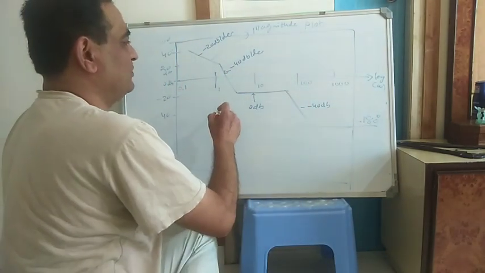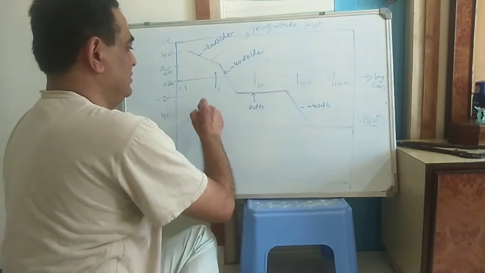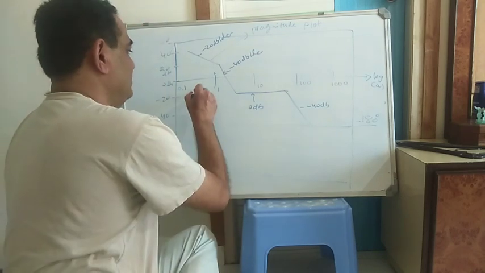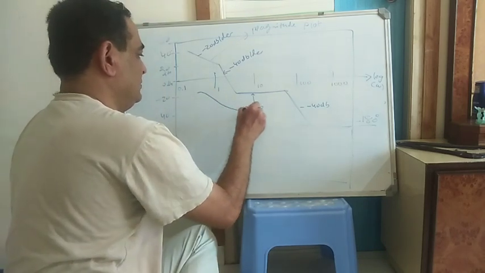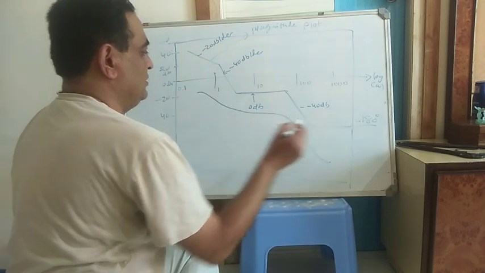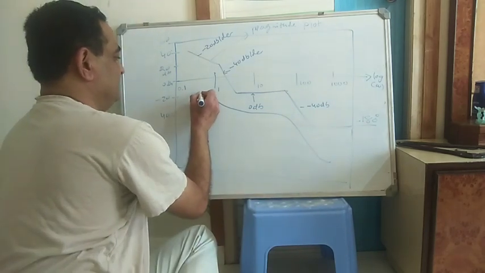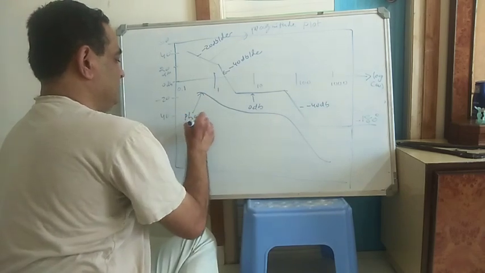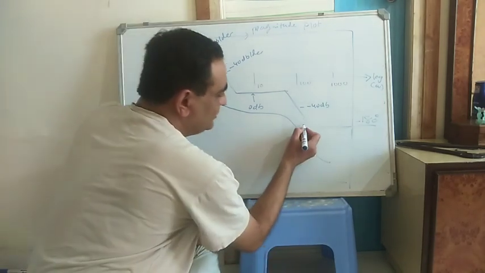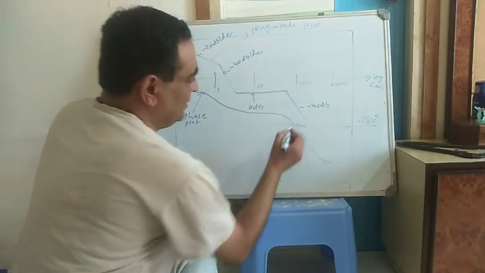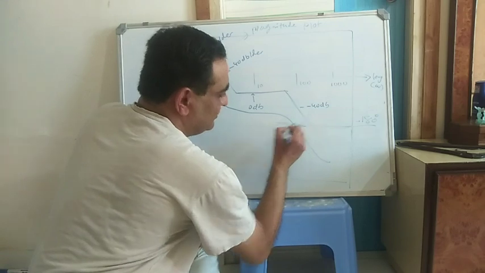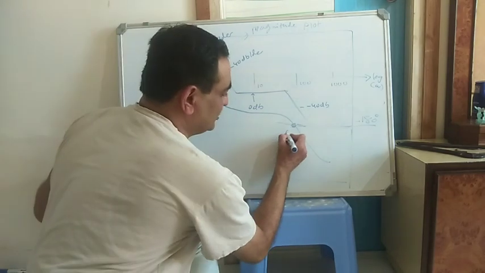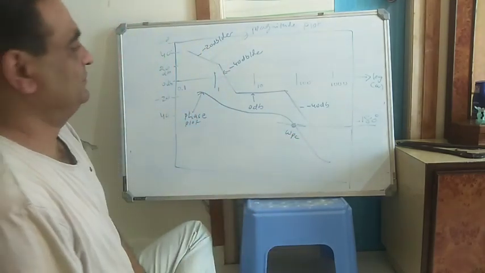Let's say this is the phase plot. What is this? This is the minus 180 degree line, and it cuts here. This is omega PC, that is phase crossover frequency.